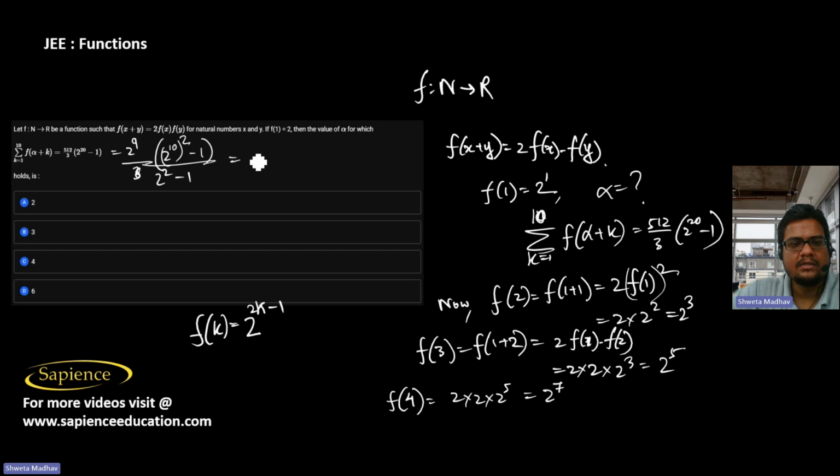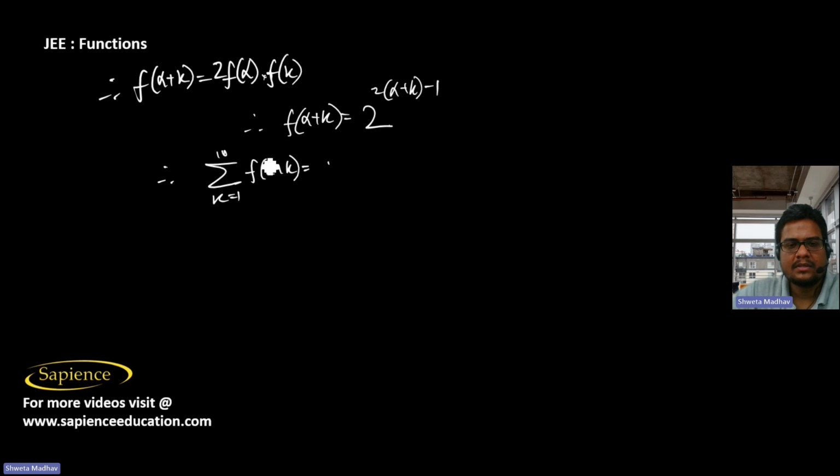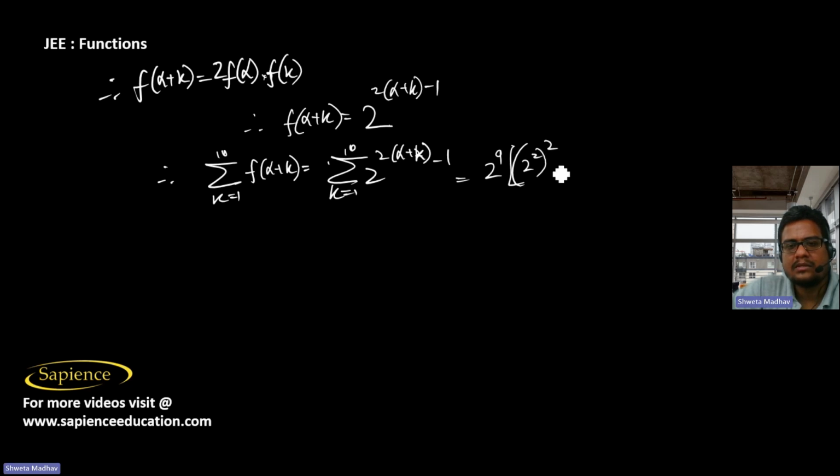So this is 2 power 9 into (2 power 2) whole power 10 minus 1, divided by 2 squared minus 1. So it means that it is acting like a GP. So this will be the summation for k from 1 to 10 of 2 power 2(alpha + k) minus 1, which is given as 2 power 9 into (2 power 2) whole power 10 minus 1 by 2 power 2 minus 1.